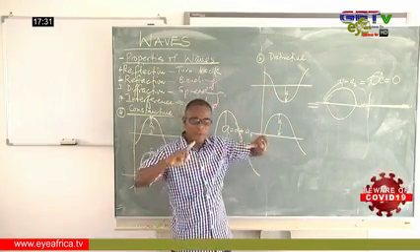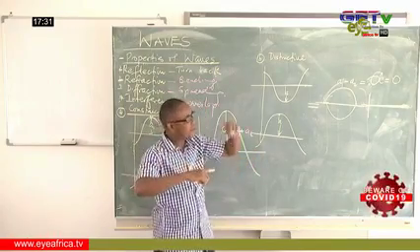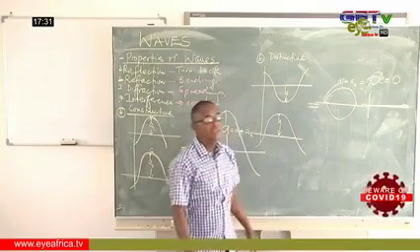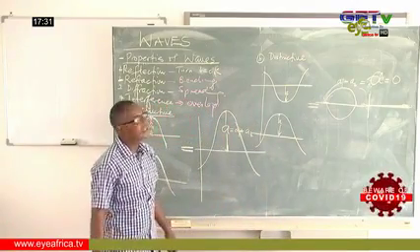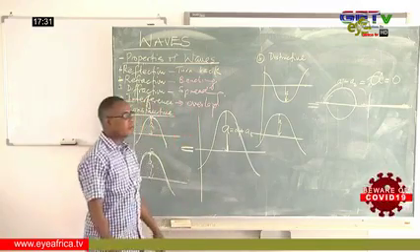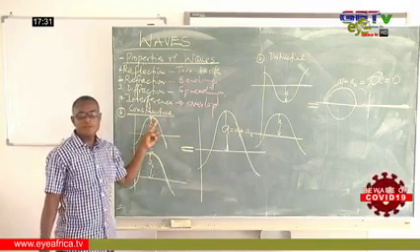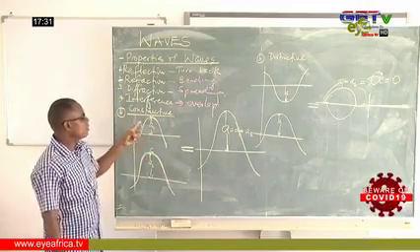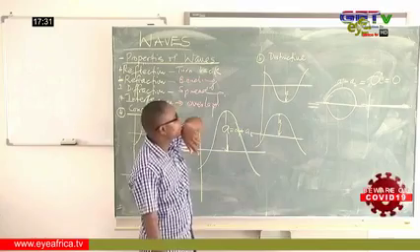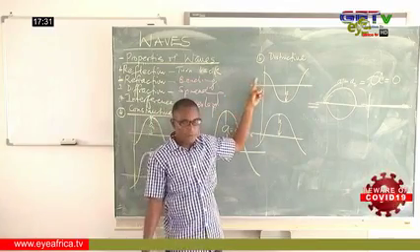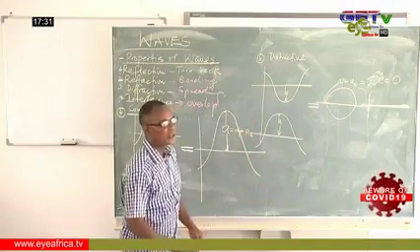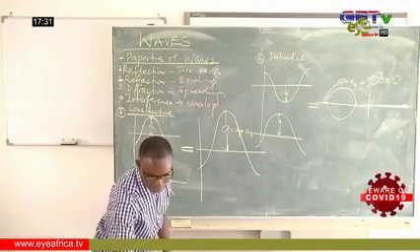And when that happens, the crest and the trough cancel each other, and you get a wave with 0 amplitude. That's called destructive interference. So for objective purposes, when constructive interference occurs, the two wave crests overlap, crest on top of crest. When it's destructive interference, a crest comes on top of a trough. When the crest and the trough come on top of each other, they cancel each other's effect. That's what we call destructive interference.